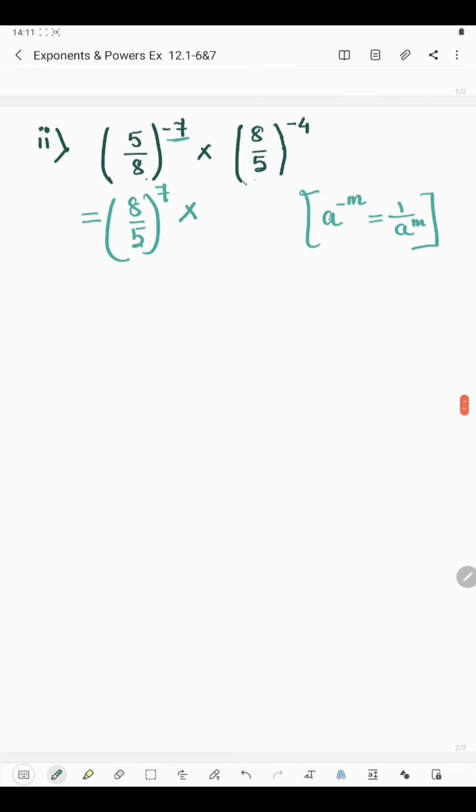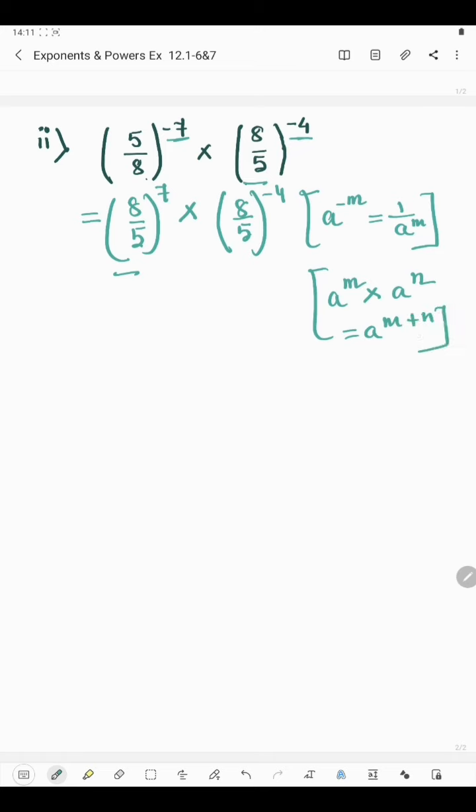Now see here, instead of changing this, we see that this base and this base is same. So we write (8/5)^(-4), base is same. According to the law, if base is same and in between multiply sign is there, then powers are added. So what we did in this case, we just changed the first one. We made the exponent positive in the first one, and we keep the second one as it is to get the base same.